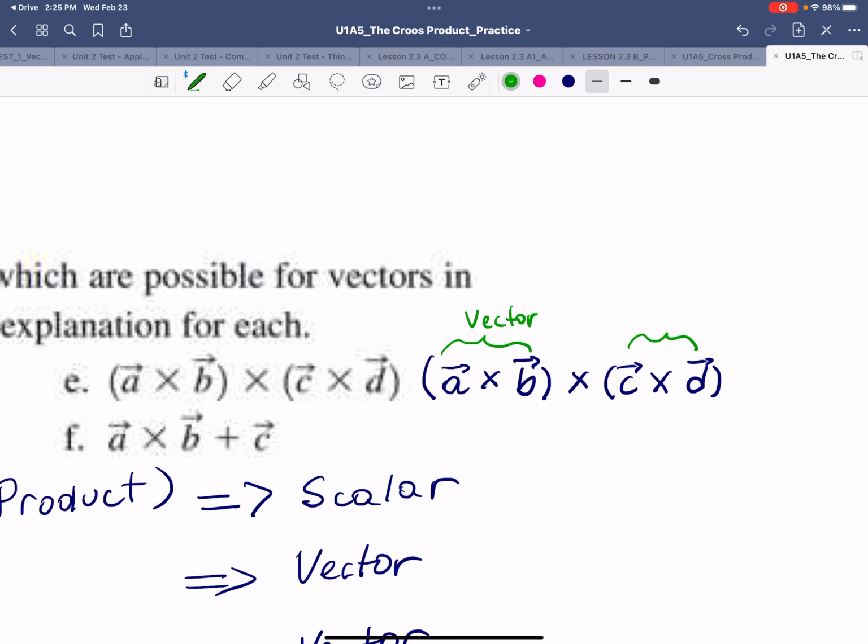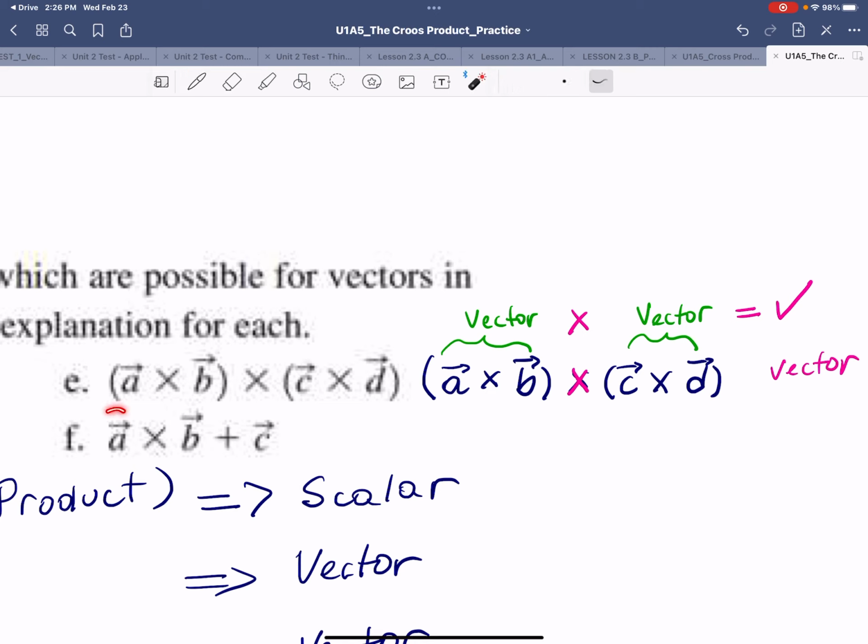C cross D is another vector. So we are crossing a vector with a vector. Is that possible? Definitely yes, and the answer will be another vector.